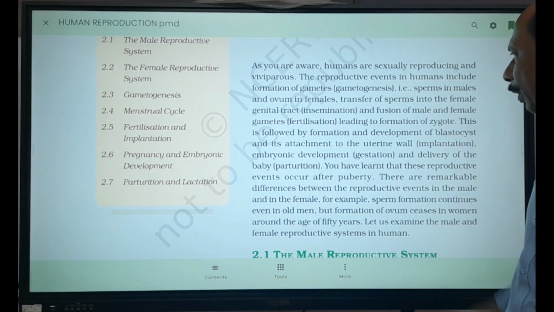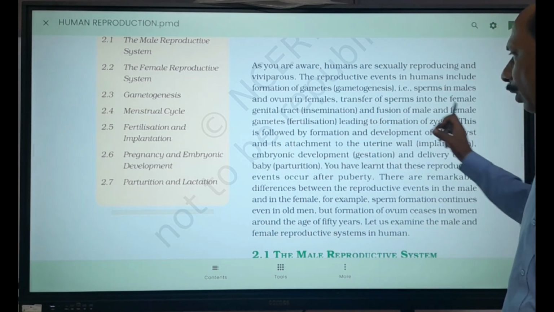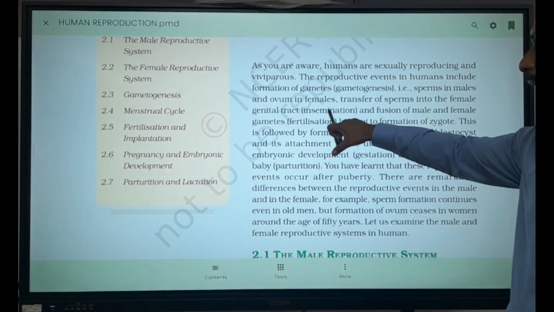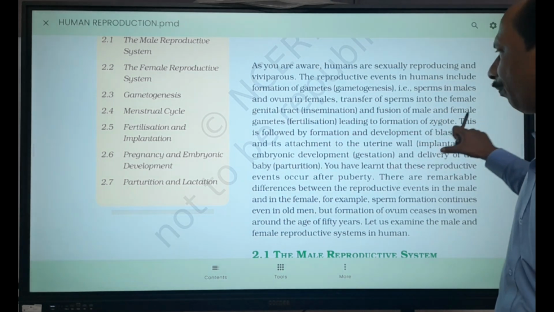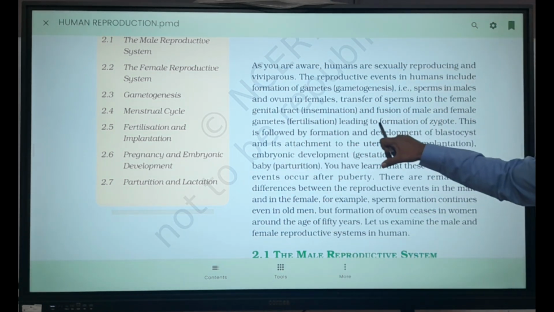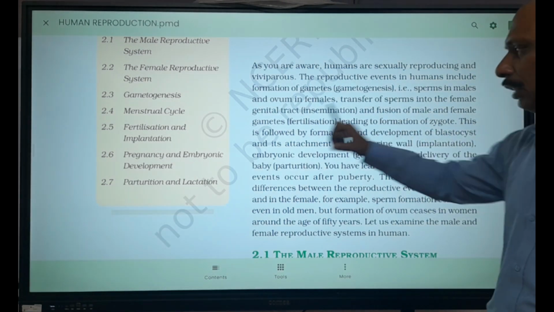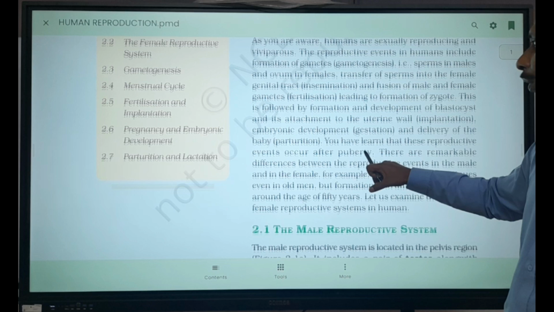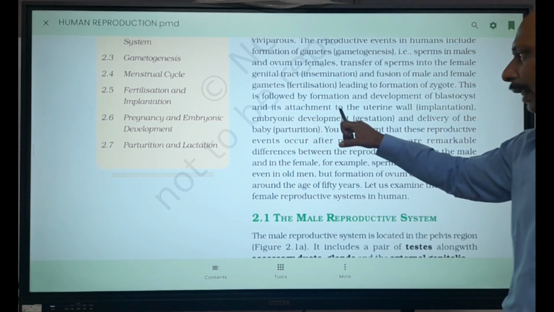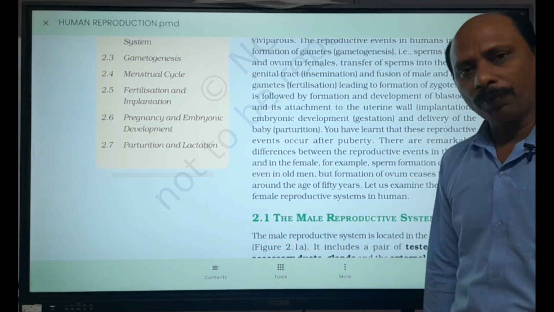Second, the transfer of sperms into the female genital tract is called insemination. Insemination and fusion of male and female gametes is called fertilization, leading to the formation of zygote. This is followed by the formation and development of blastocyst and its attachment to the uterine wall, which is called implantation.